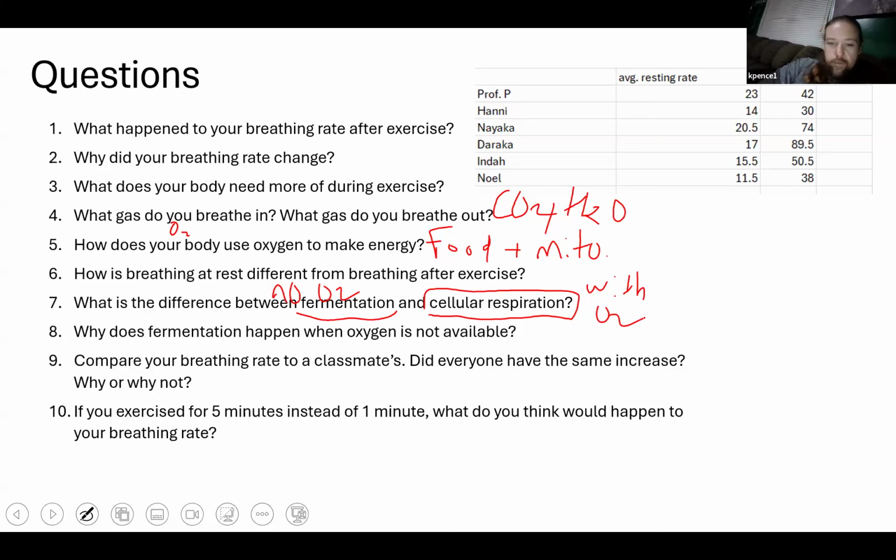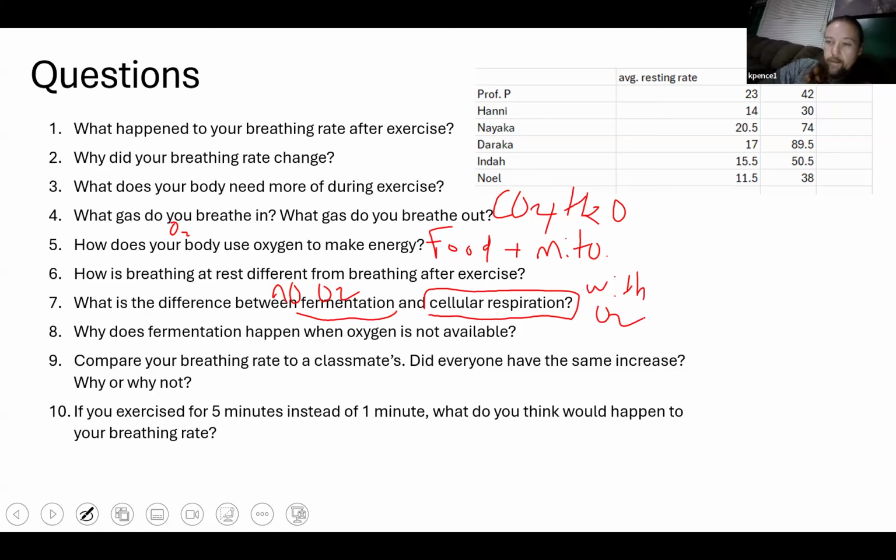And if you go back to size, right? I'm probably the biggest one here. So I have really big lungs, so I can breathe in more. When I take in a deep breath, my lungs are bigger. I can put more air in my body. Look at Nayaka, who is much smaller than me. His lungs are much smaller than my lungs are. So he has to breathe in a whole lot more in order to get oxygen into his body fast enough.